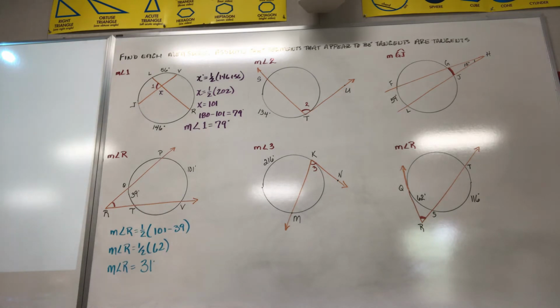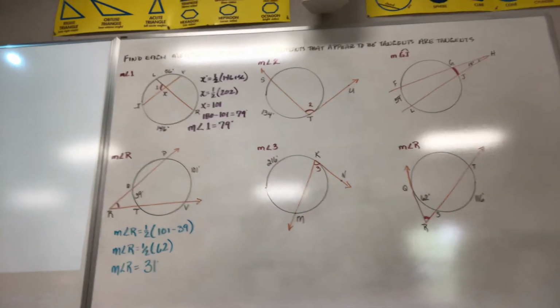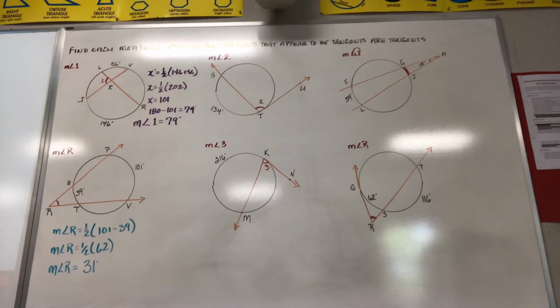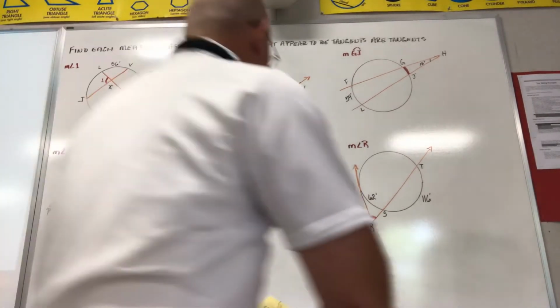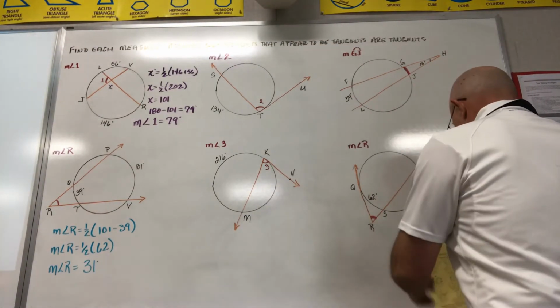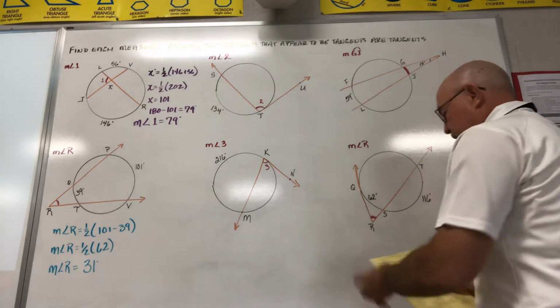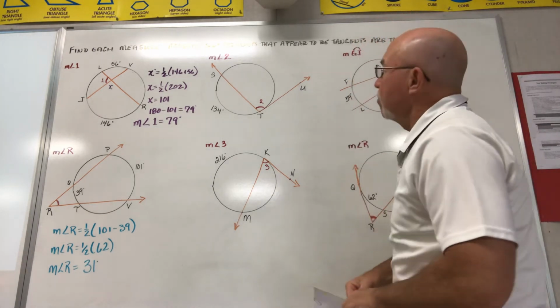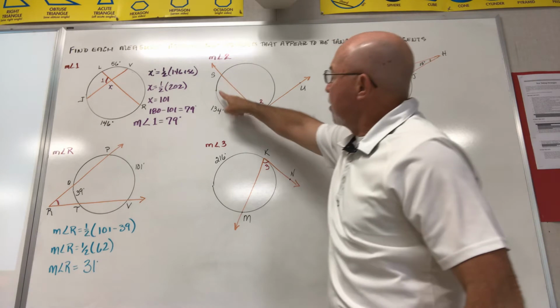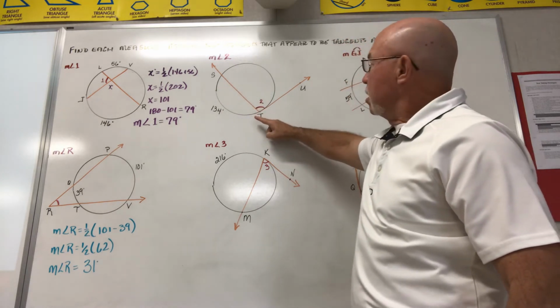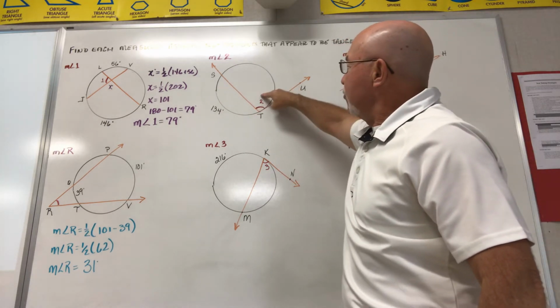Here's an example of a tangent and a secant intersecting. I'm given this arc, but I need this arc for this angle.